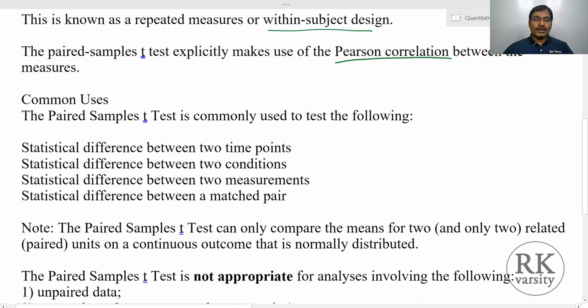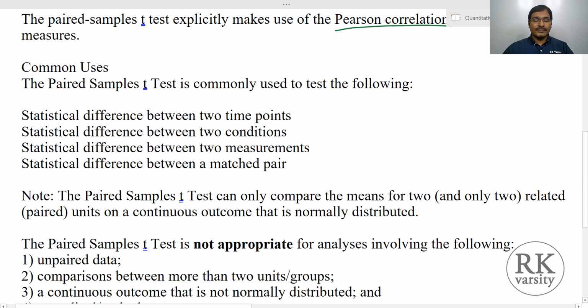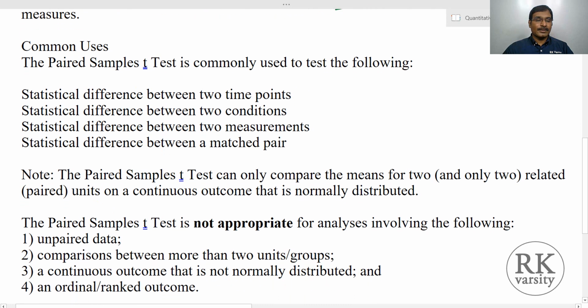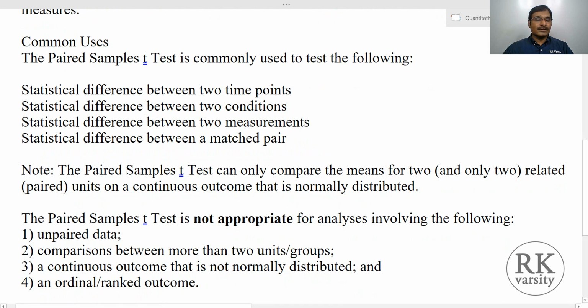Now, the common scenarios where we use paired sample t-test are to test statistically the difference between two time points, or the statistically significant difference between two different conditions, or two different measures, or the difference between a matched pair. In all these scenarios or contexts, we use paired sample t-test.